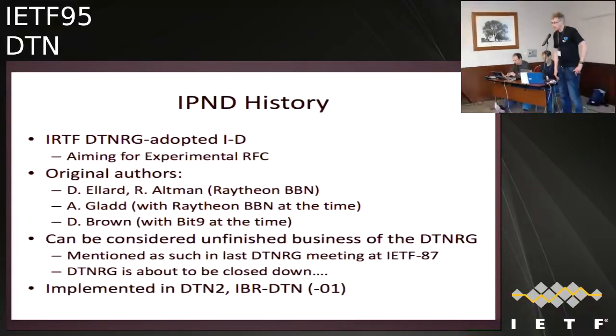I just contacted them and got their blessing to revive it. So it's really their work. I only brushed it up a little bit. Some versions of this have been implemented in both DTN2, the reference implementation, and in IBR-DTN. Next slide, please.